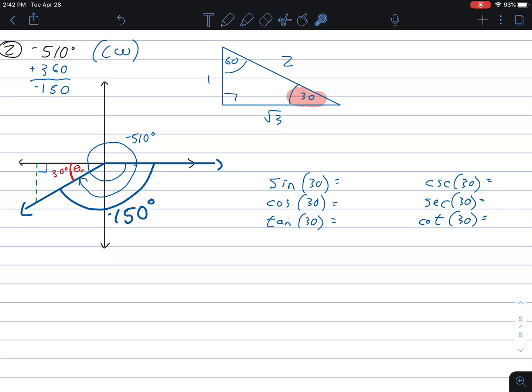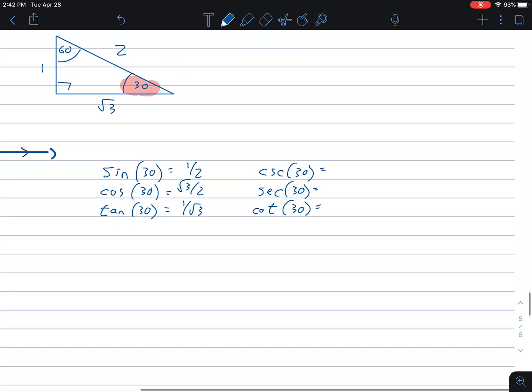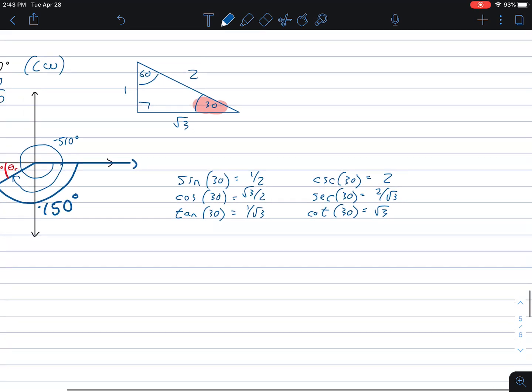Okay, sine is 1 over 2, so sine of 30 is 1/2. Cosine is radical 3 over 2. Here's my radical 3, here's my 2, all based on the 30. Tangent is 1 over radical 3, opposite over adjacent. I can just flip these: 2 over 1, 2 over radical 3, and radical 3 over 1.